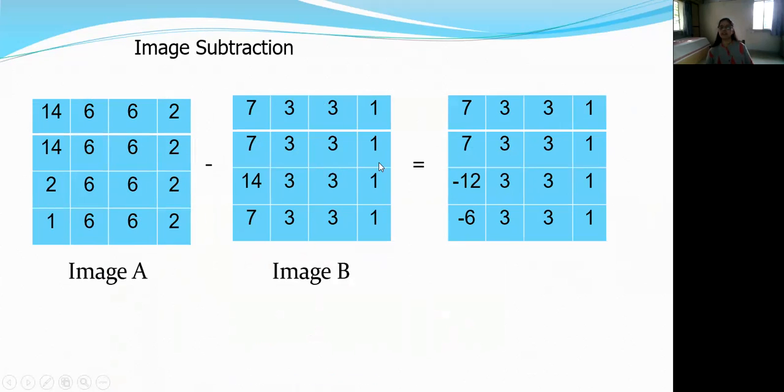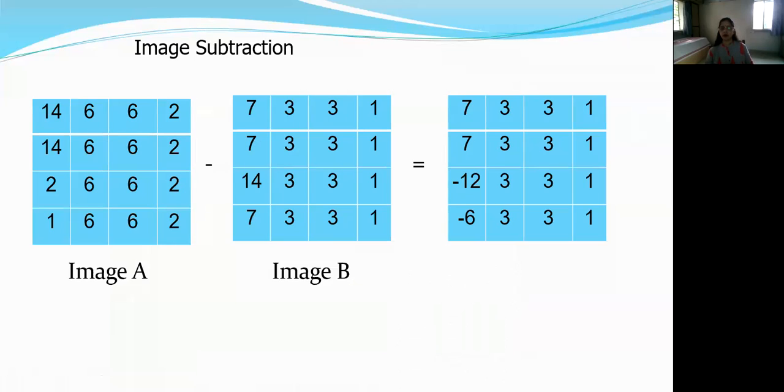But after image subtraction, for this particular example, we are getting a range from minus 12 to 7. So this range, minus 12 to 7, by using the range normalization technique, we can normalize it between 0 to 15. So after the subtraction operation, we can apply range normalization so that you can display it as an image where you can get an idea of the difference.